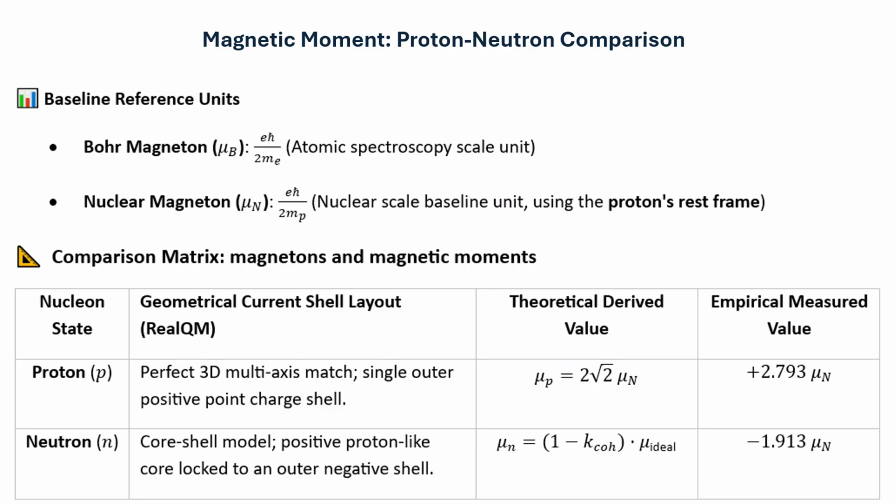The theoretical value in the third column matches the empirically measured value in the last column: plus 2.793 times the nuclear magneton and minus 1.913 times the nuclear magneton.